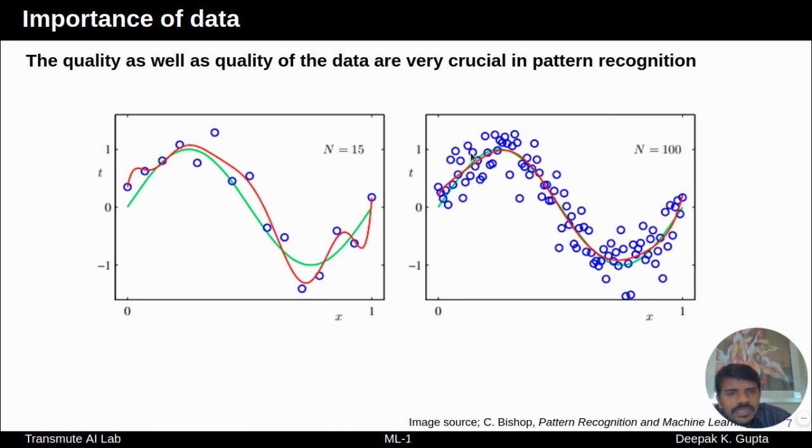But if we increase the amount of data to n equal to 100 samples, we see that even with a higher complexity model, we are able to identify the underlying pattern very well. What this implies is that, if we have sufficient data, we do not have to fine tune the complexity of the model. That is the importance of data in a pattern recognition system.